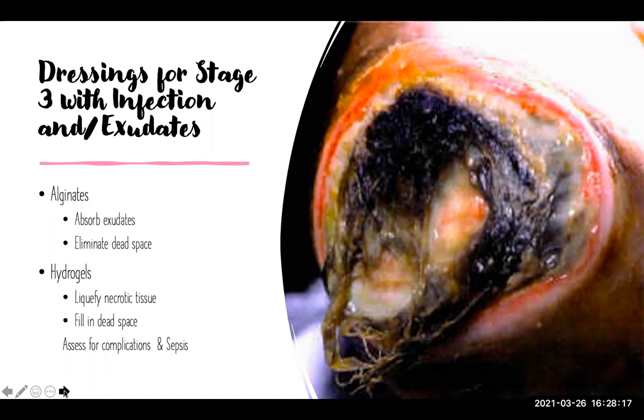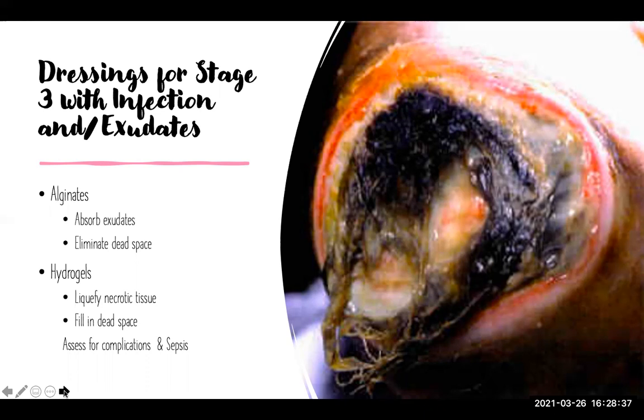So the hydrogel will help liquefy this discharge and make it easier to remove it and debride it. So that's a way of debriding the wound using a hydrogel. It also fills the dead space at the same time.